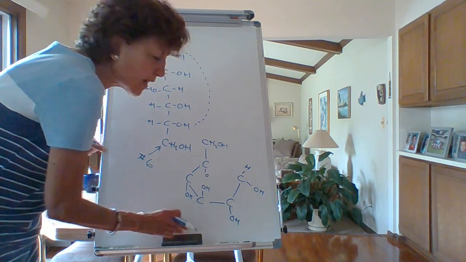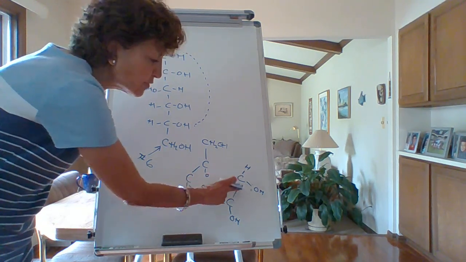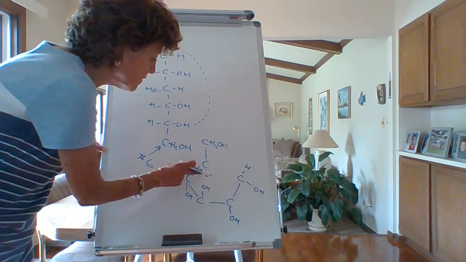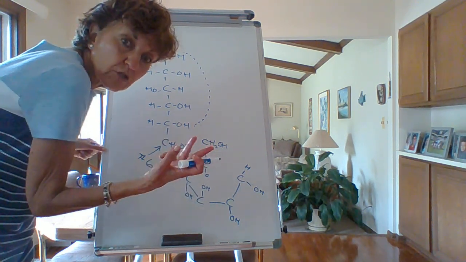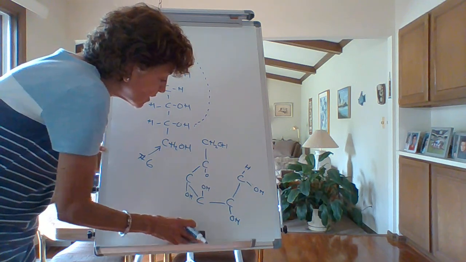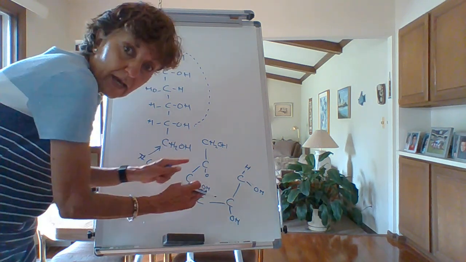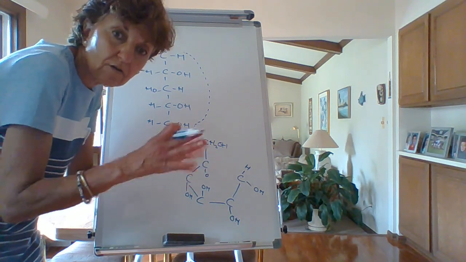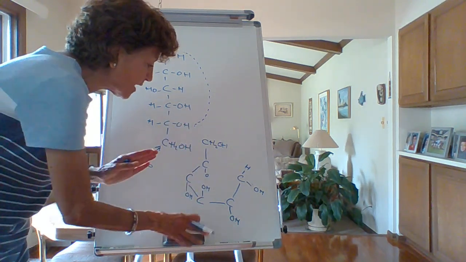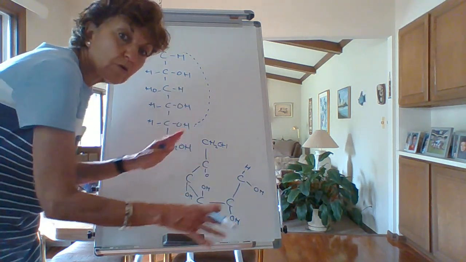All right, so now what happens? This carbon has 3 bonds. It wants one more bond. This oxygen has 1 bond. It needs 1 more bond. Remember, oxygen always has 2 bonds. So I want to make it look like a hexagon. In reality, it looks more like a boat or a chair, and you can read about all of that, but I'm just going to make it into a nice Haworth hexagon.